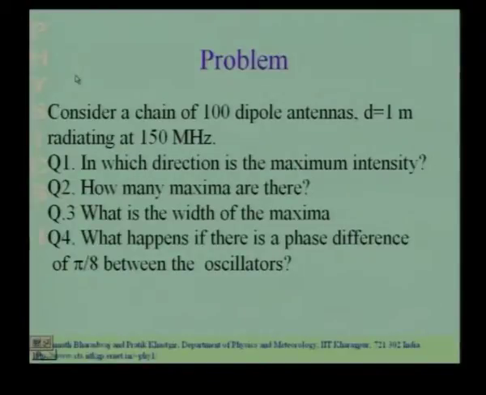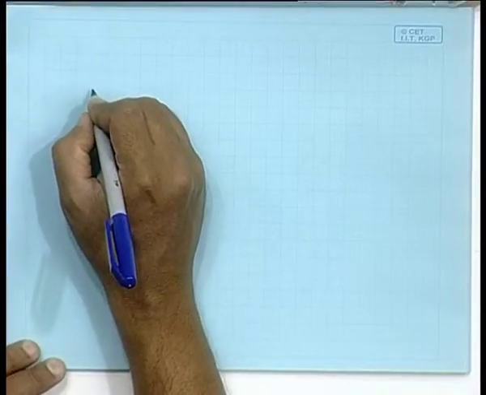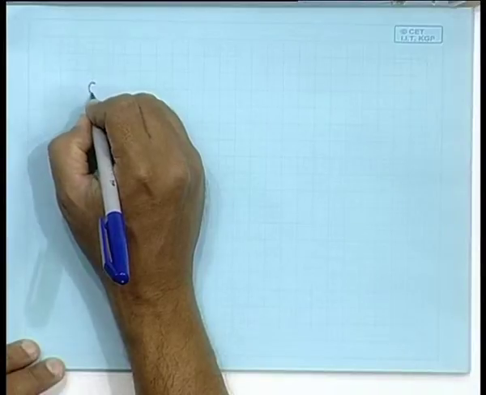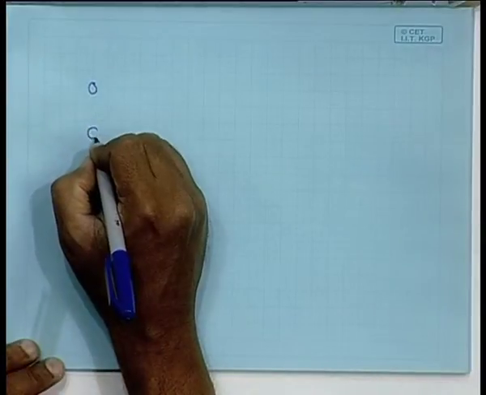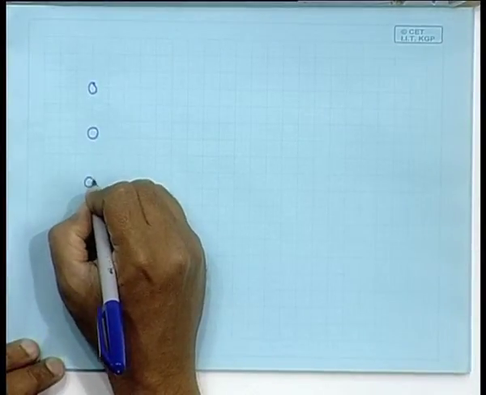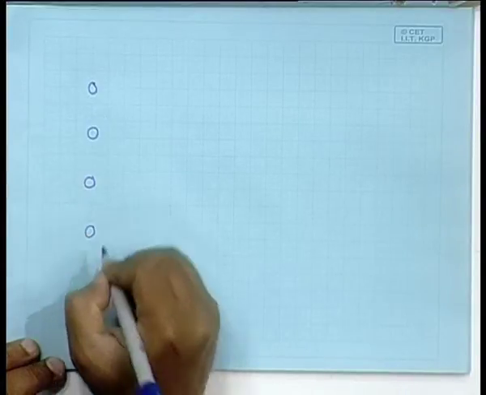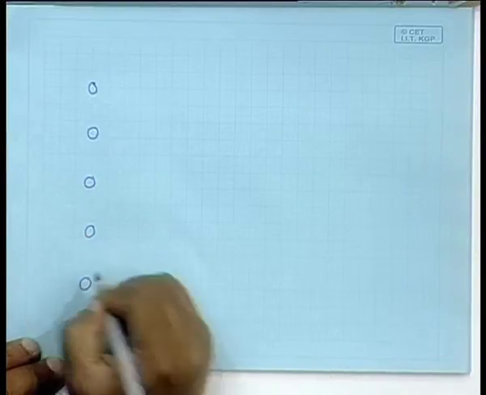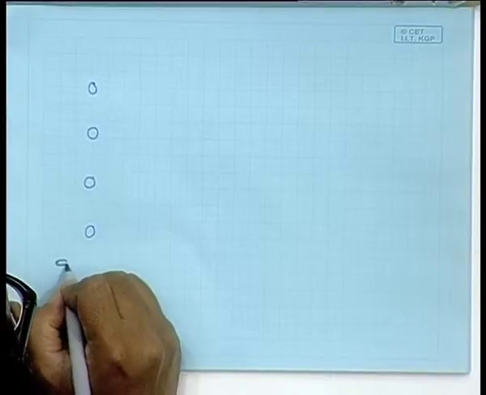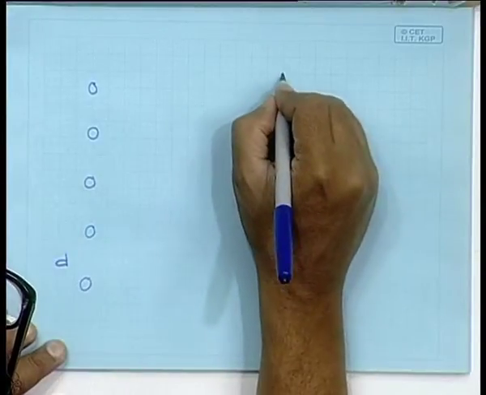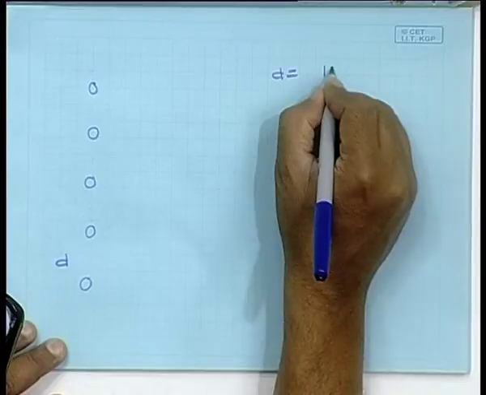So, let me draw a picture over here and explain what this looks like. You have these 100 dipole antennas. Let me just draw a few of them. They are all at a spacing of d, where d equal to 1 meter.